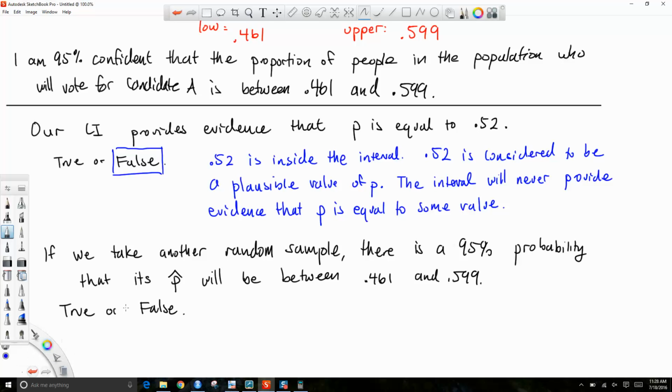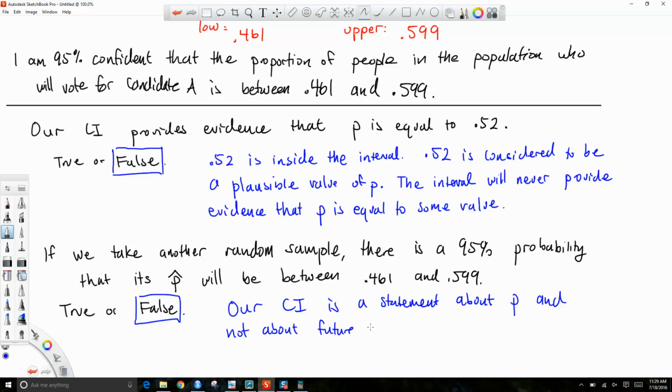So our confidence interval is a statement about P and not about future p hats or any other value.